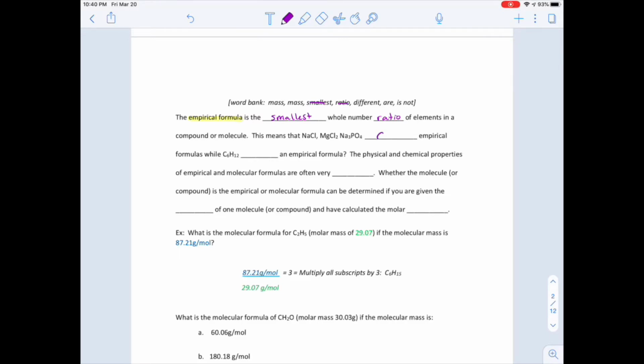Okay, so those ones are empirical formulas. C12 is not an empirical formula. The physical and chemical properties are often very different.